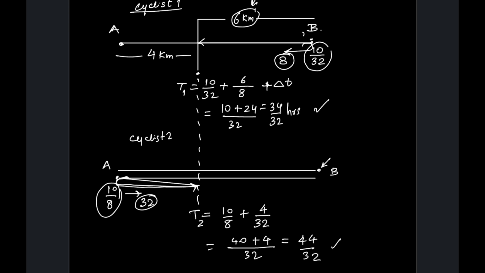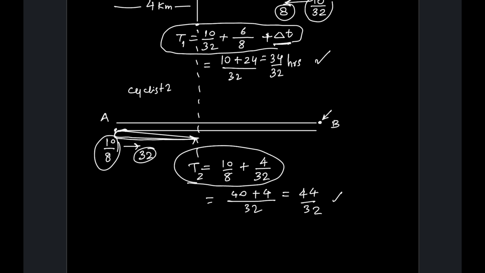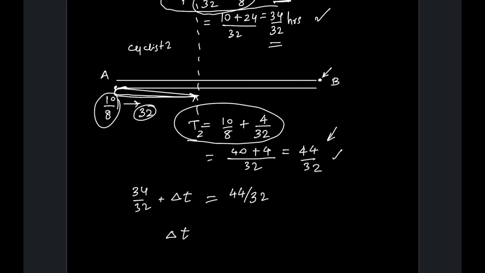Now, how much will this delta t be? It will be of such a value that this total time will be equal to this time. So equate these two times. 34 by 32, which we have already solved, plus delta t should be equal to 44 by 32. So the resting time comes out equal to 44 minus 34 by 32 hours.